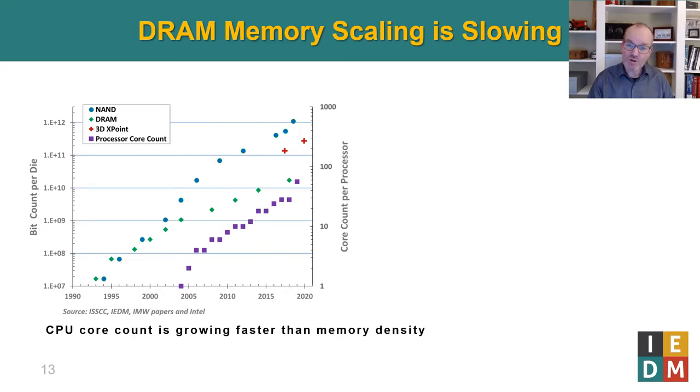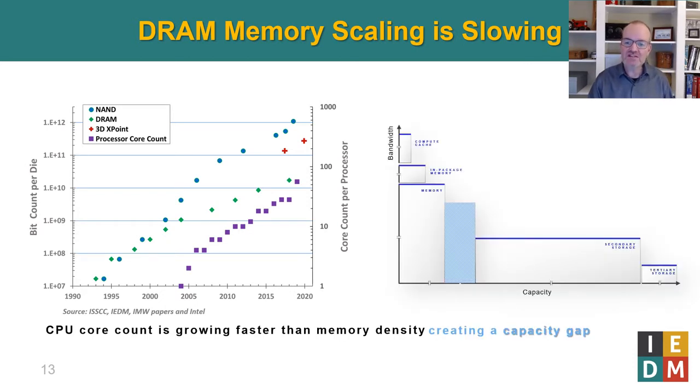And more to the point, each of those cores, since it needs its own hierarchy, likely needs more than a gigabyte of memory. Many instances when you go look at cloud service providers and the DRAM per instance, or when you think about HPC, the capacity is, say, 4 gigabytes per instance, and so the slope of demand for each of those cores at 4 gigabytes is significantly higher than DRAM is able to provide.